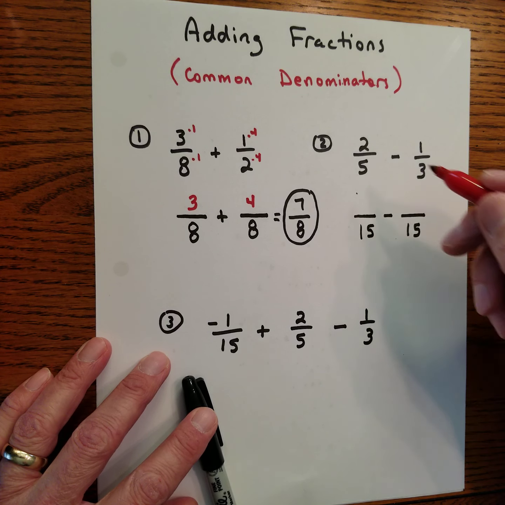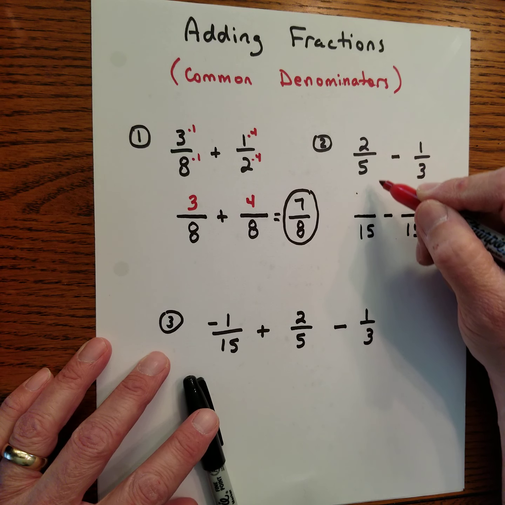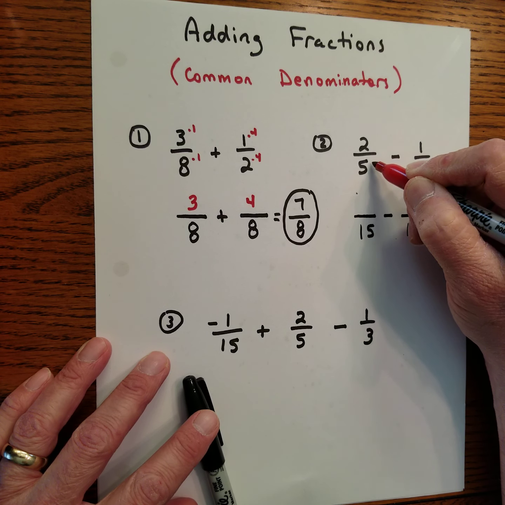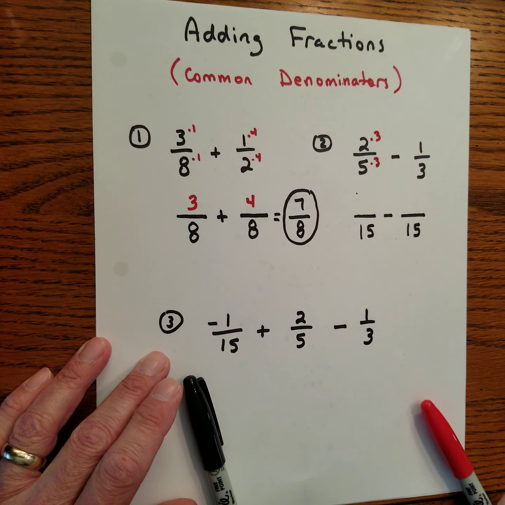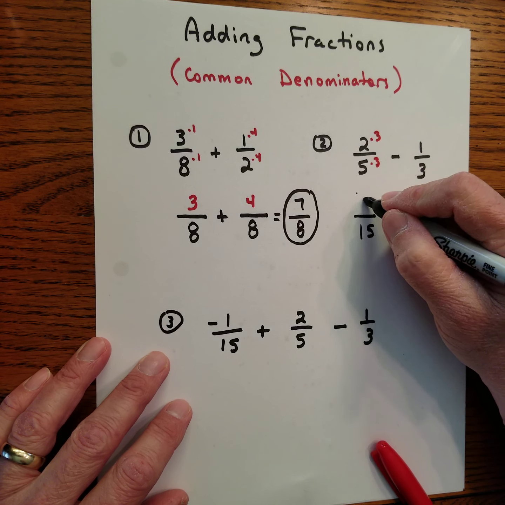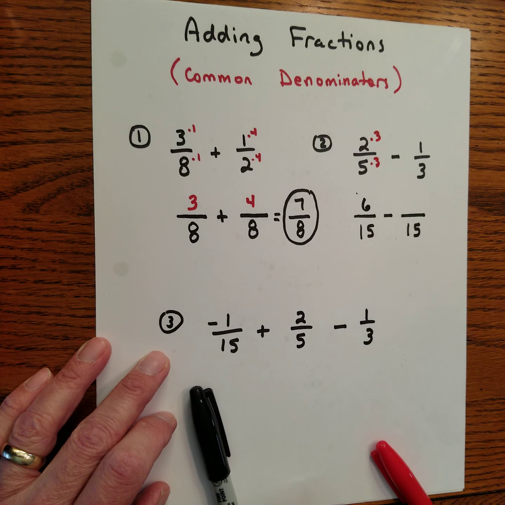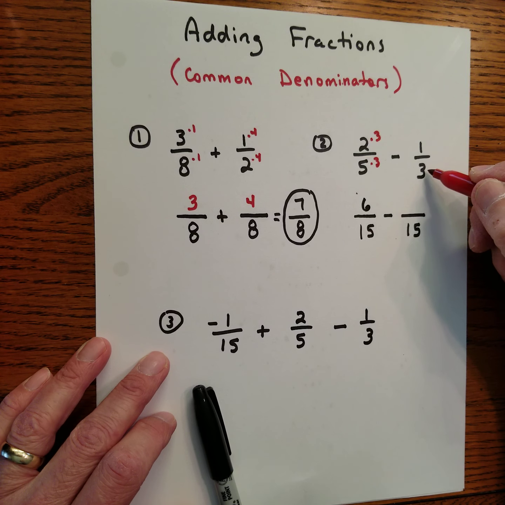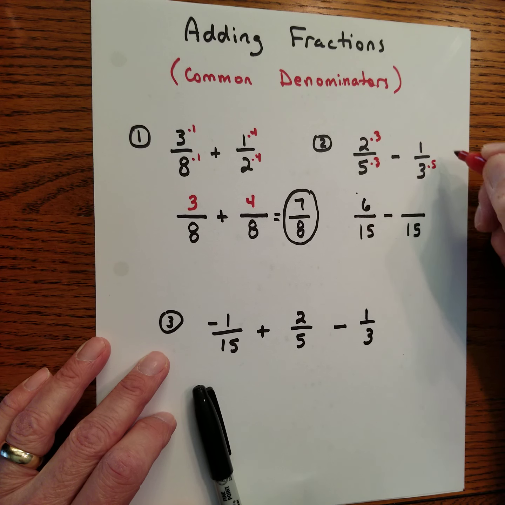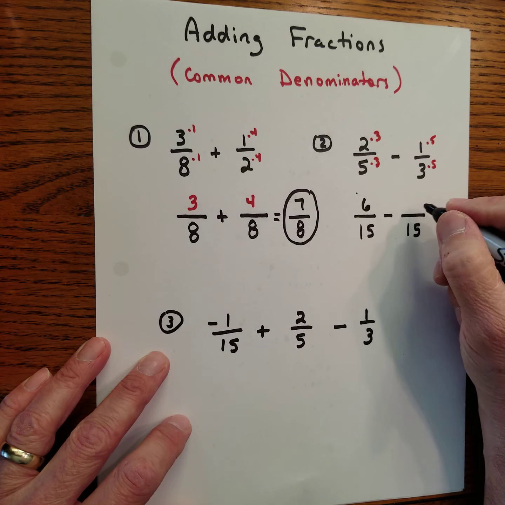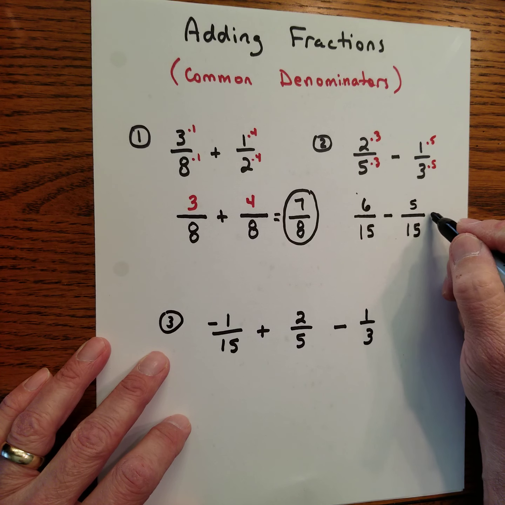To get the numerators, what do you multiply times 5 to get 15? It's 3. So we'll multiply the top by 3. 2 times 3 is 6. What do you multiply times 3 to get 15? It's 5. Let's multiply the top by 5. 1 times 5 is 5.